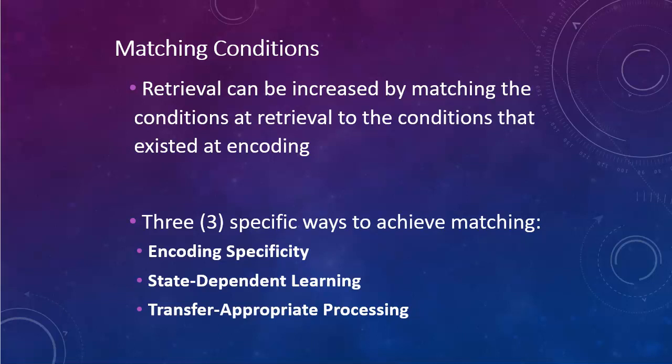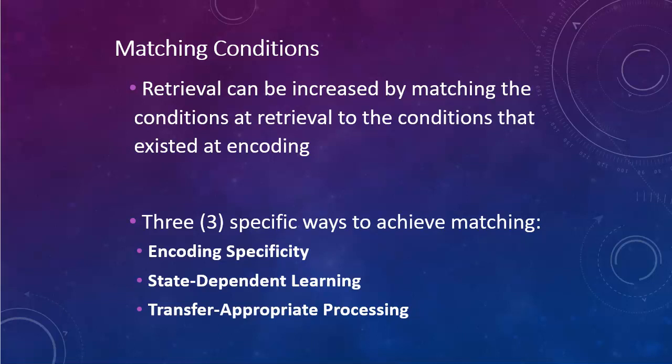With matching conditions, retrieval can be increased by matching the conditions at retrieval to the conditions that existed at encoding. So that's what we're going to talk about in this video, different types of matching conditions. There are three specific ways that we can achieve matching.